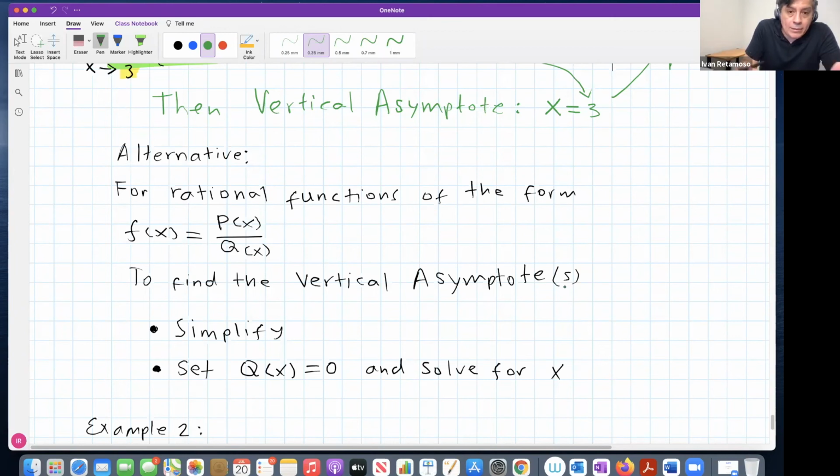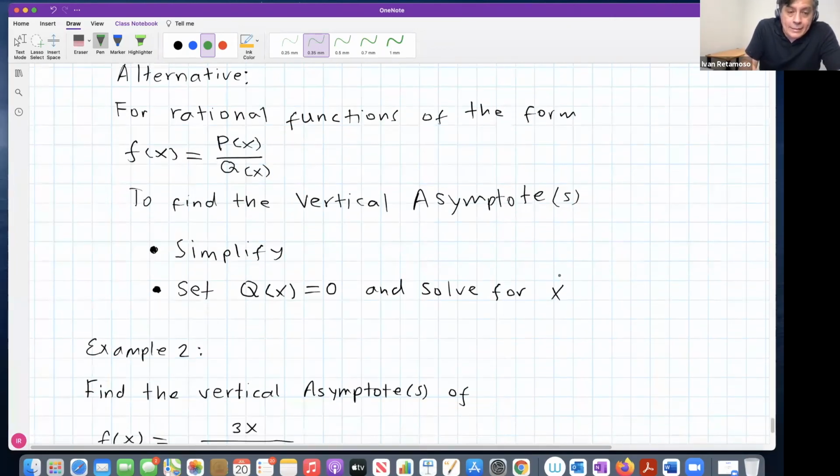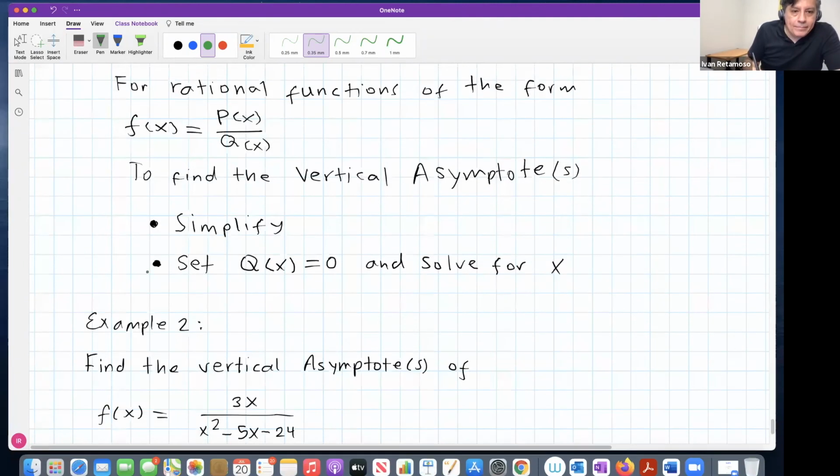There may be more than one. Step one, simplify. Maybe I should write here as step one, simplify. Step two, set the denominator equal to 0 and solve for x.